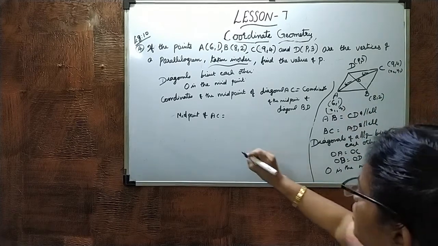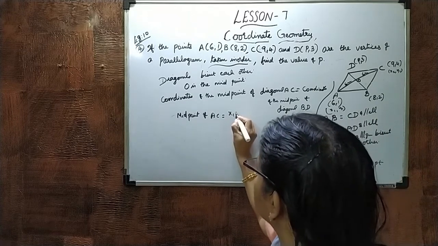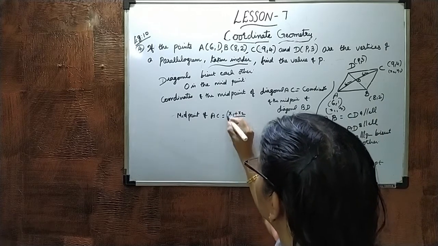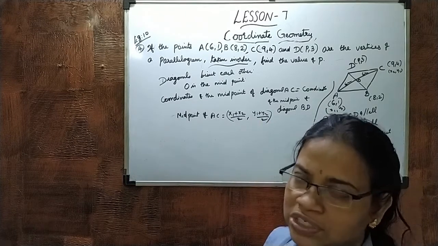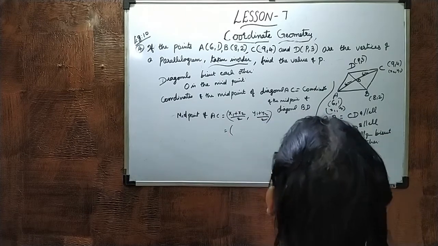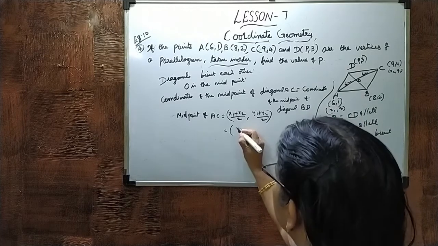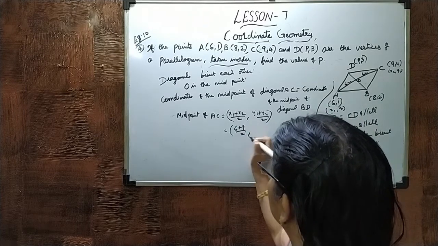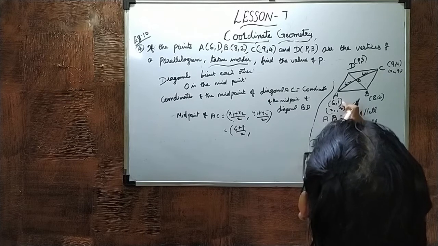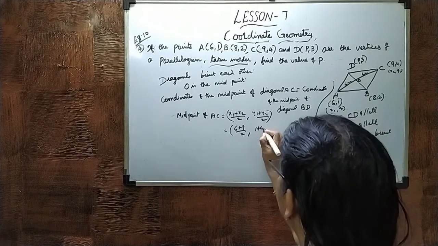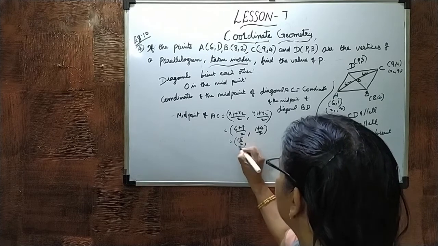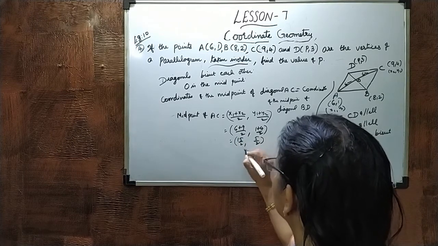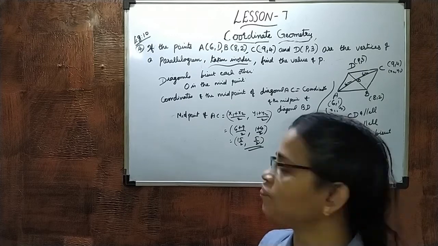Then x1 plus x2 by 2 comma y1 plus y2 by 2. Write the formula always, okay? So it will be 6 plus 9 divided by 2 and then 1 plus 4 divided by 2. So 6 plus 9 is 15 by 2 and 5 by 2. Okay. So 15 by 2 and 5 by 2.